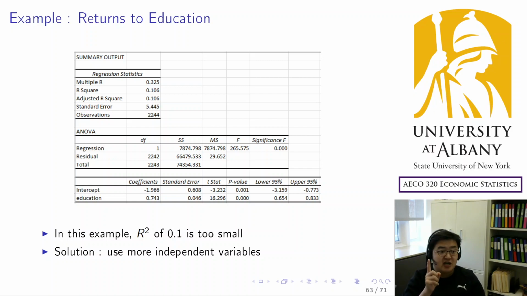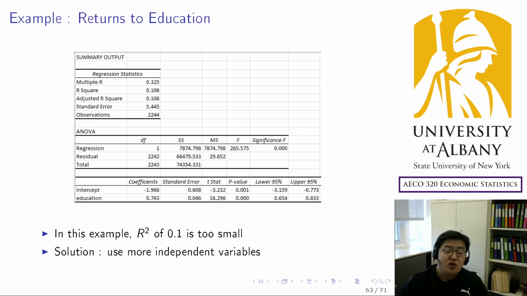If one variable can explain 10% of your wage determination, then that's a really important factor in your wage, right? So it's not that surprising, and your model is not that bad. Explaining 10% of wage is a pretty good job.